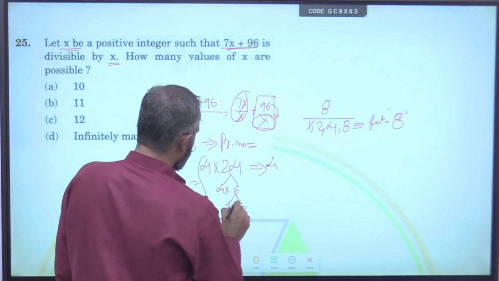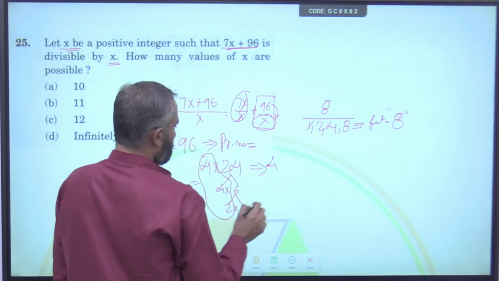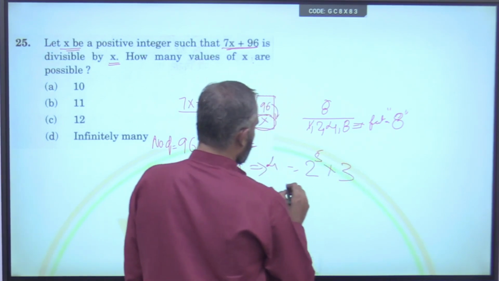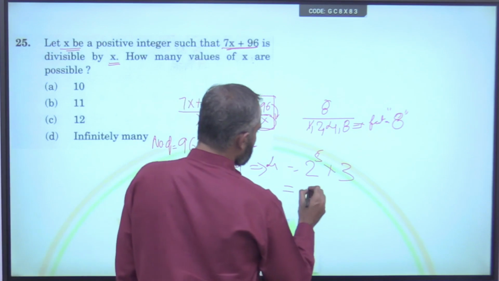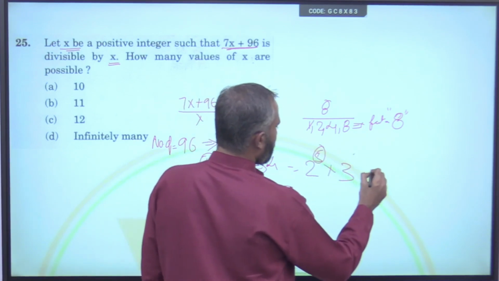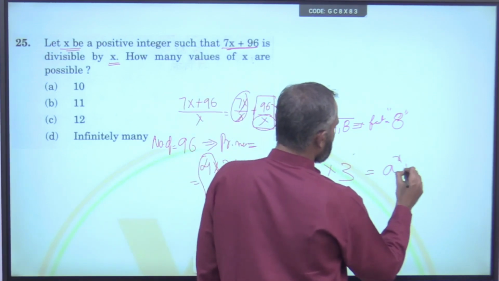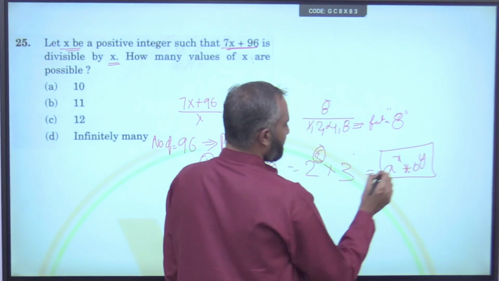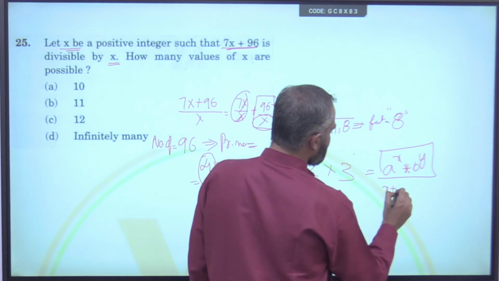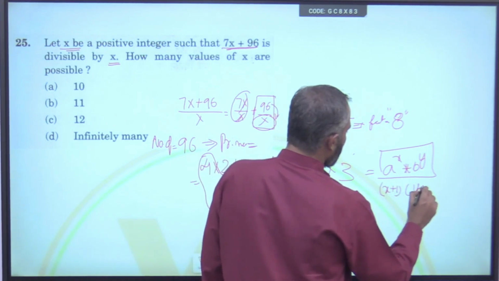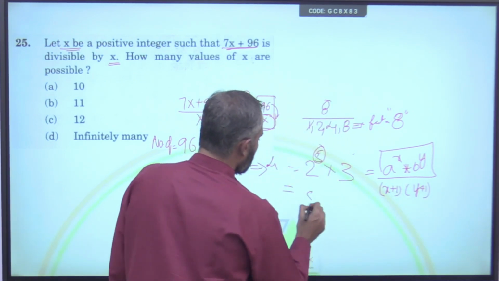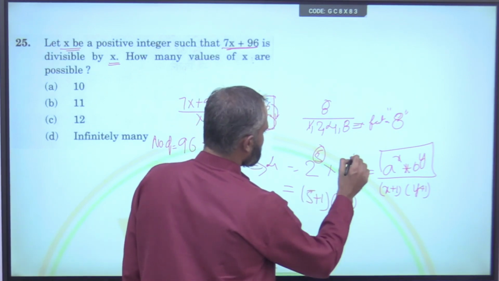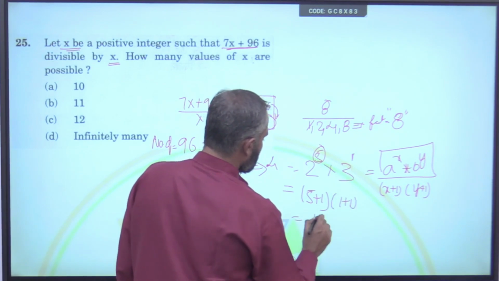So, 2 to the power of 5 into 3. The number of factors: if a to the power of x into b to the power of y is the prime factorization form, the number of factors is x plus 1 into y plus 1. Applying this, 5 plus 1 into 1 plus 1, because 3 means 3 to the power of 1, which gives 12.